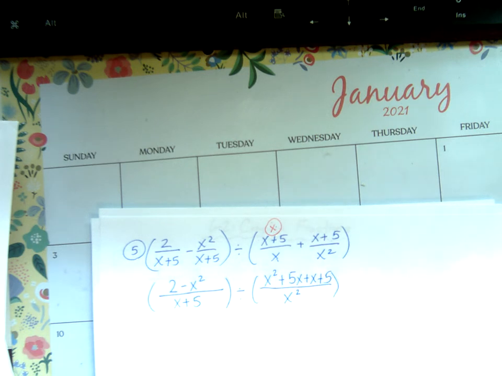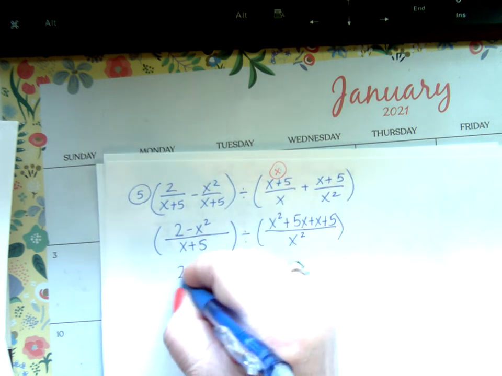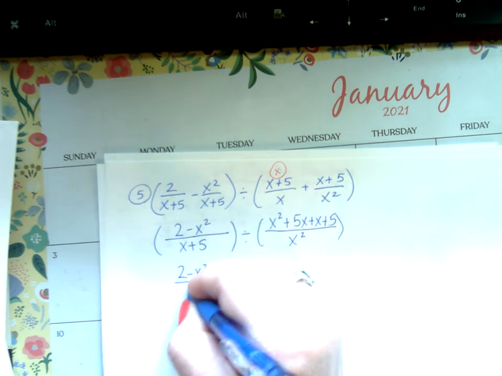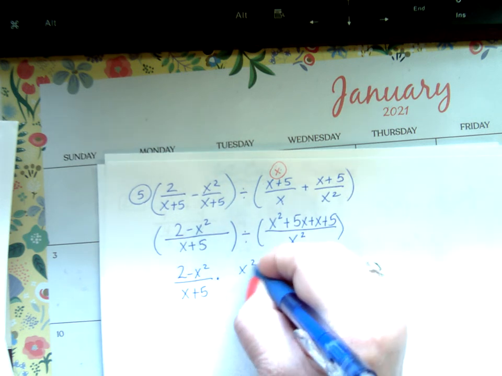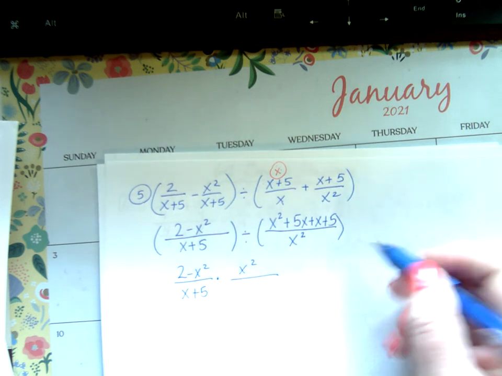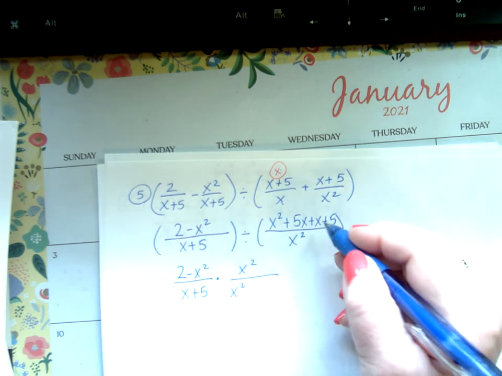Then I can keep change flip, right? So if I keep change flip, I've got 2 minus x squared over x plus 5 times flip x squared over... I can combine like terms at this place, so x squared, 5 and 1 more is 6x plus 5.